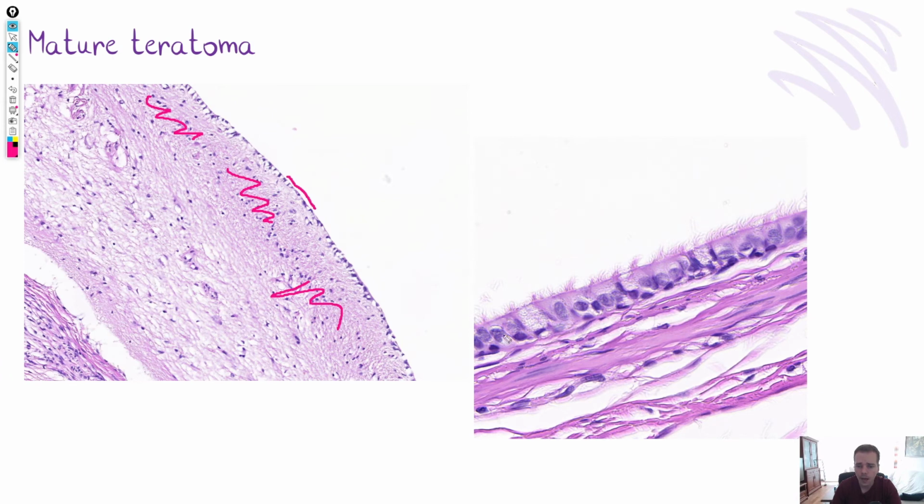And some cysts are lined by respiratory epithelium, as you can see here. Here you can see the columnar epithelia, which are ciliated. So some cysts are also lined by respiratory epithelium, and very often you can see hyaline cartilage in the wall of those cysts, so it can really resemble something like a primitive trachea, for example.